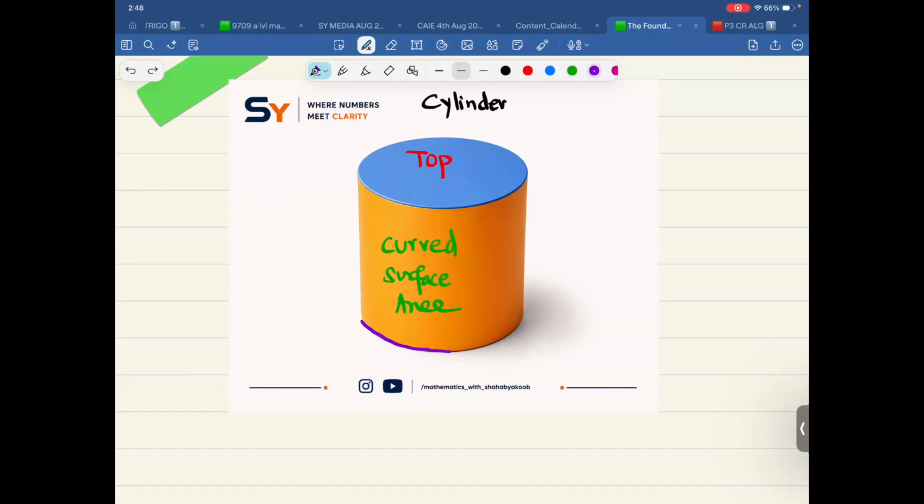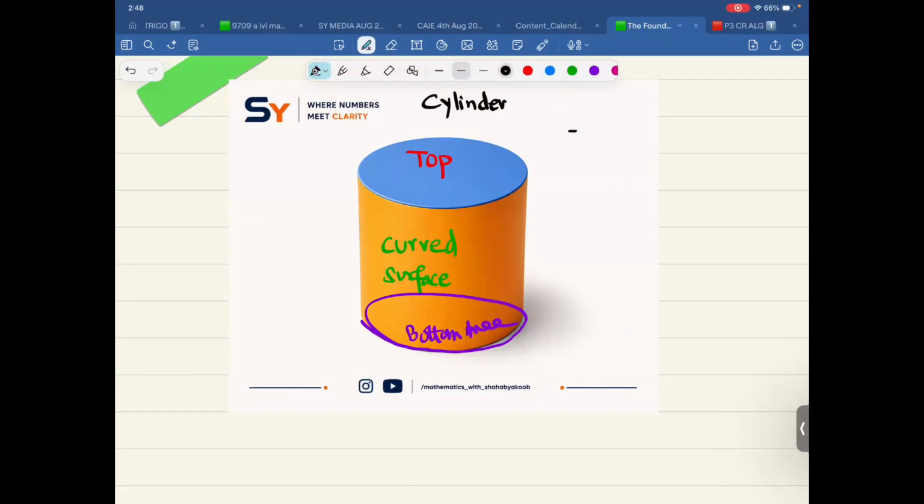So I have the curved surface, and this is the bottom area.